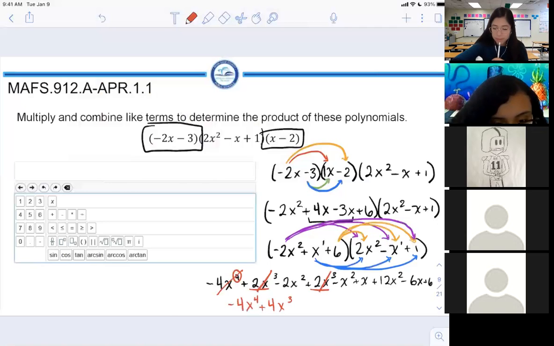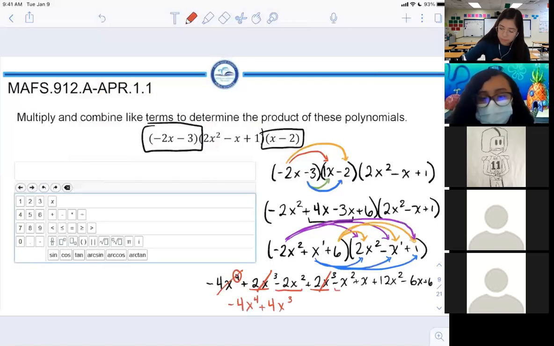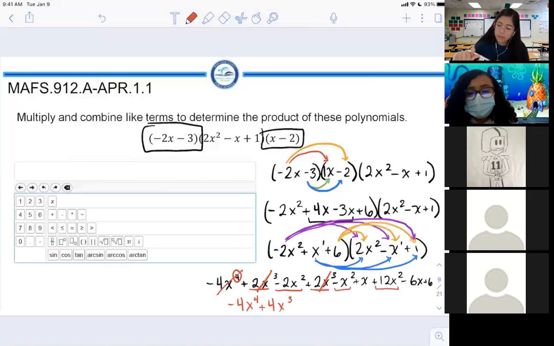What do I have? Negative 2x squared minus x squared plus 12x squared. Okay, what's negative 2 minus 1 plus 12? We're adding, combining like terms. Let me just be quiet.